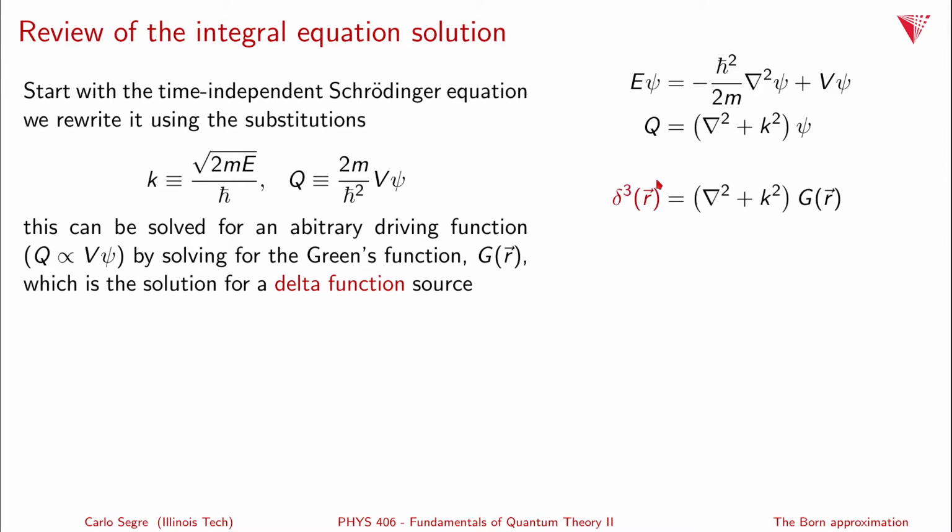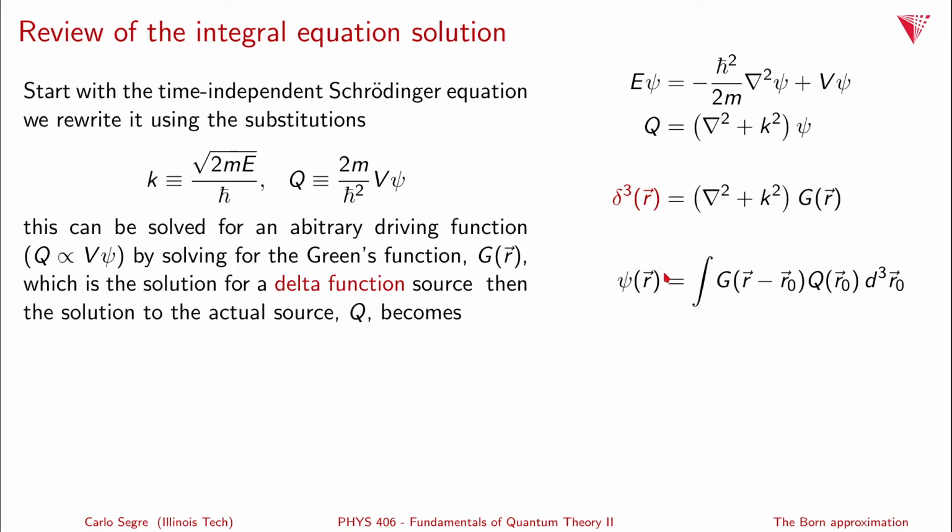If you apply a delta function source, your solution becomes G of r for the same equation as you have up here. The solution to the actual source q then becomes an integral. So psi of r, which is the solution you want for the full equation, is equal to the integral of the Green's function of r minus r sub 0 times q of r sub 0, integrated over r sub 0.